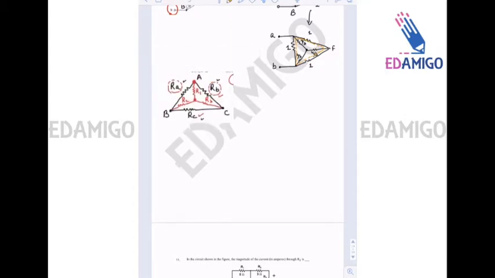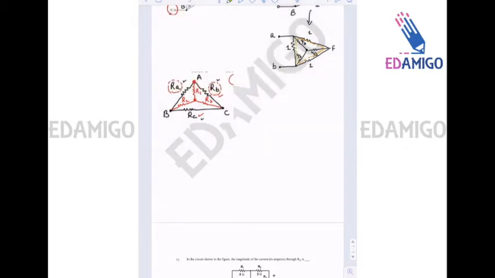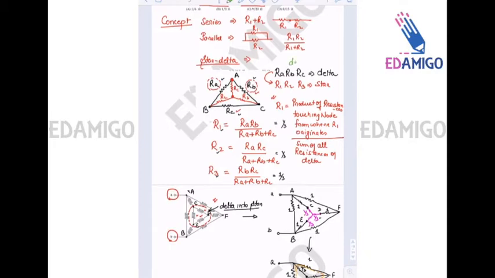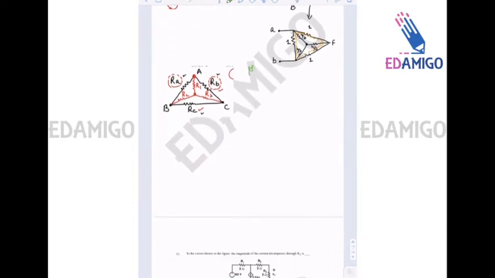We have seen the conversion from RA, RB and RC into R1, R2 and R3, that is from delta to star. Now we will see star to delta. That is, we have in a question R1, R2 and R3 given to us, and we have to find the value of RA, RB and RC.